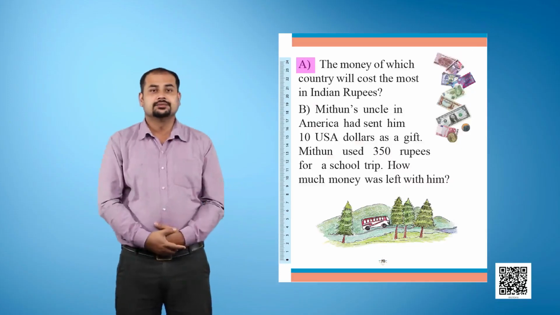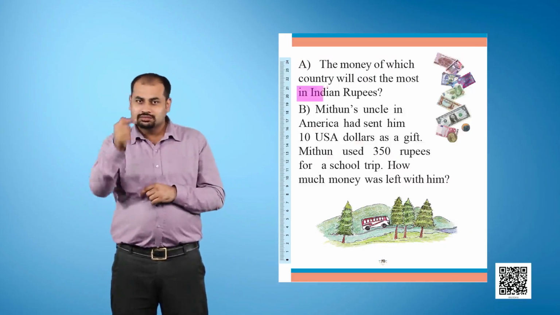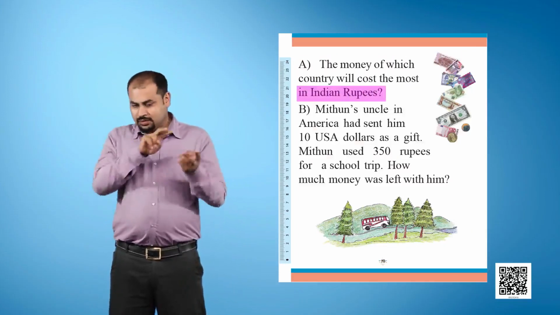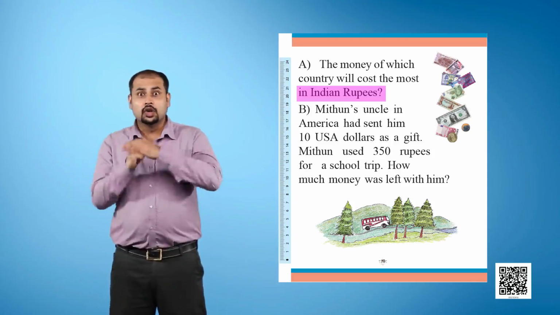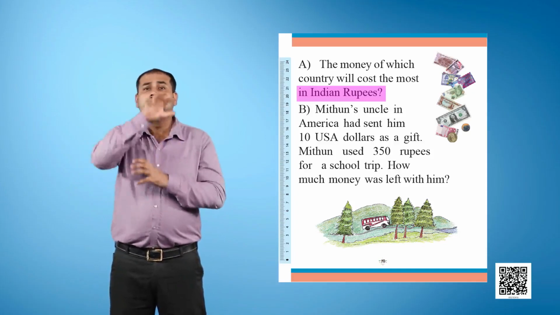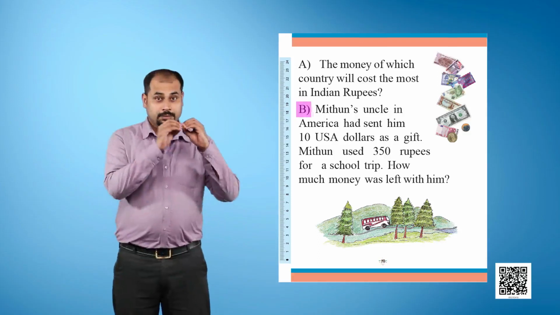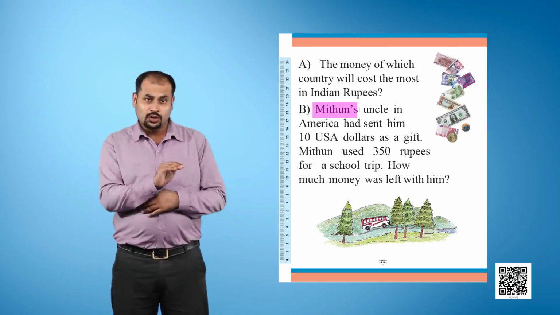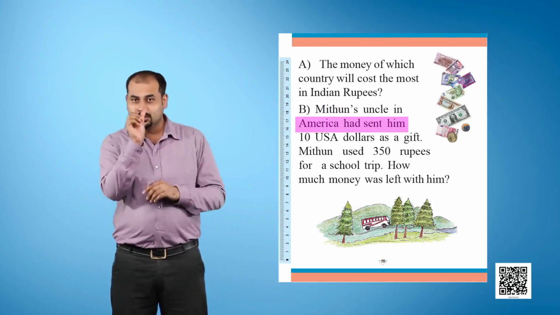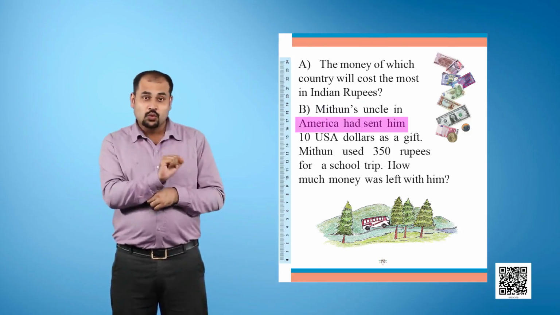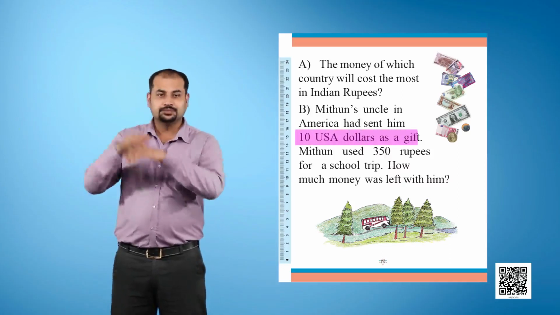A. The money of which country will cost the most in Indian rupees? B. Mithun's uncle in America had sent him $10 as a gift.